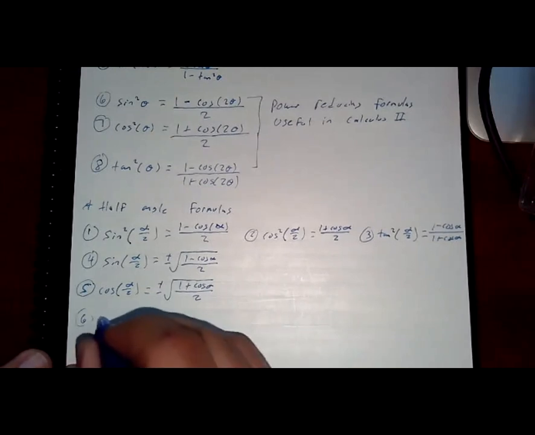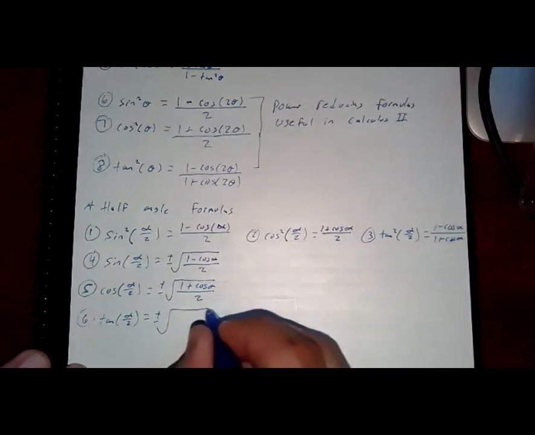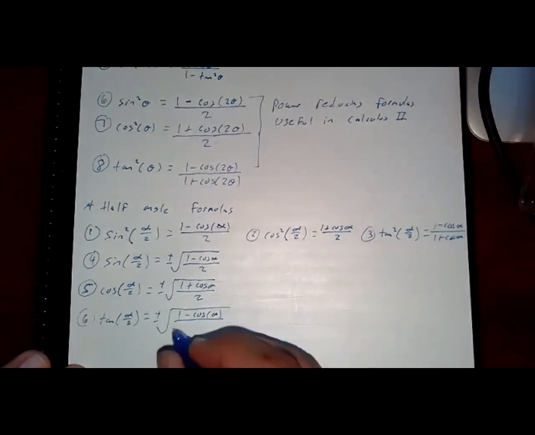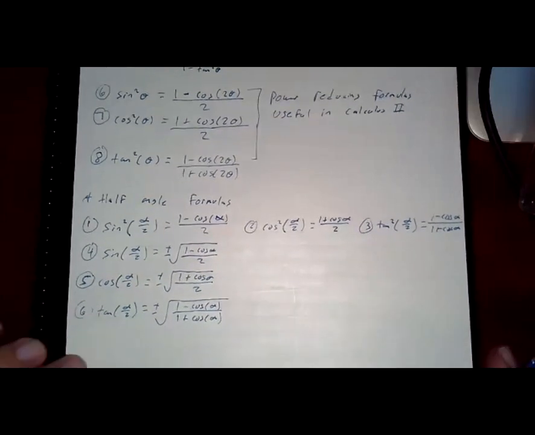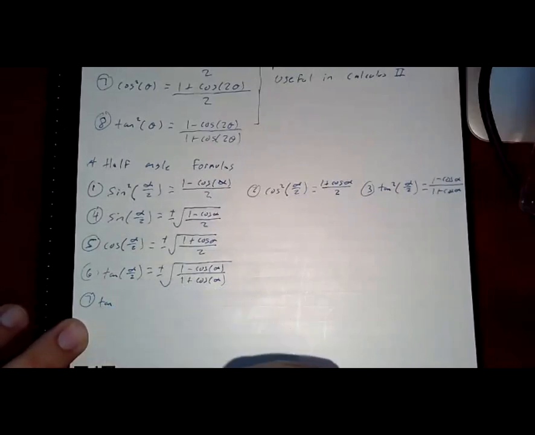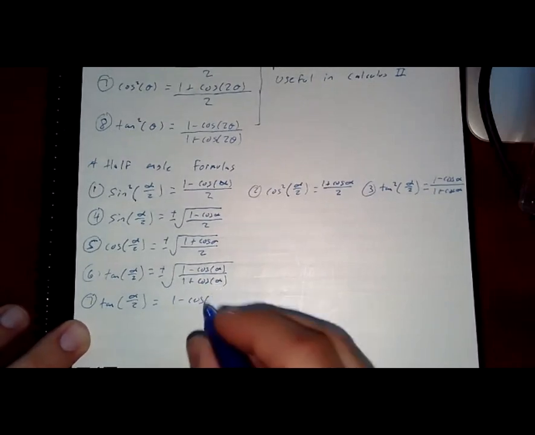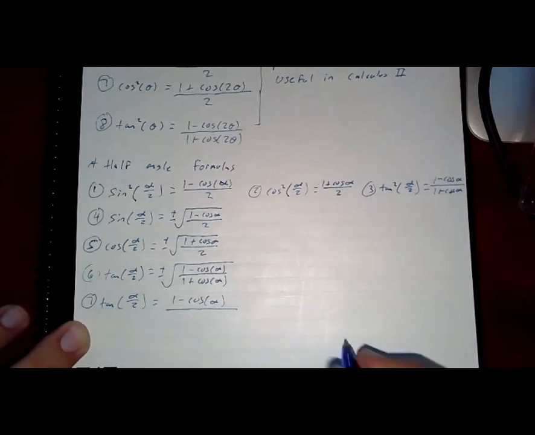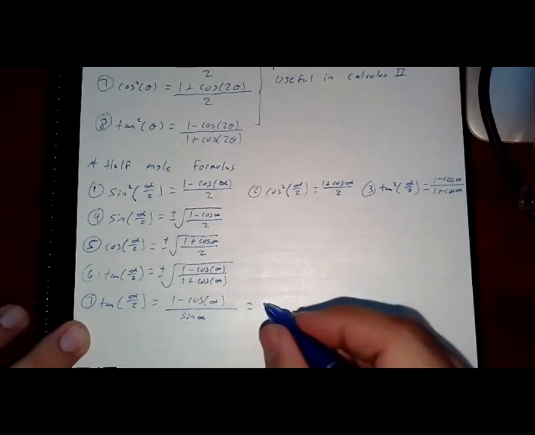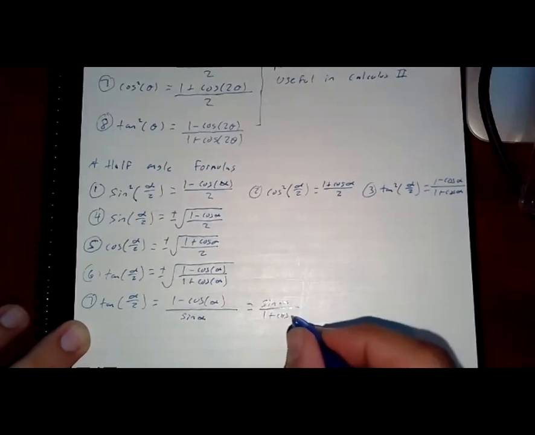6, the tangent is equal to plus or minus the square root of 1 minus cosine alpha over 1 plus cosine alpha. 7, another way to write tangent alpha over 2 is 1 minus cosine alpha over sine alpha, which is equal to sine alpha over 1 plus cosine alpha.